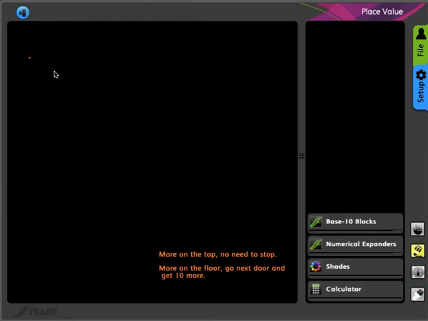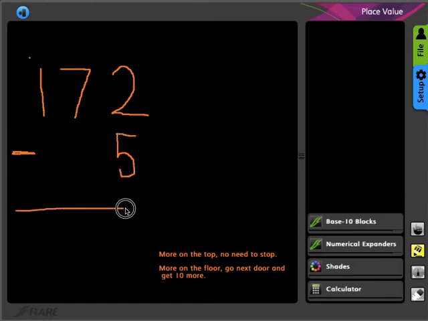Our larger number goes on the top, 172. Don't forget your minus sign so we know what we're doing, and we're taking away 5. I need to make sure I line my ones up. So my 5 goes all the way over to the right, where my ones from my top number is. There we go. 172 take away 5.